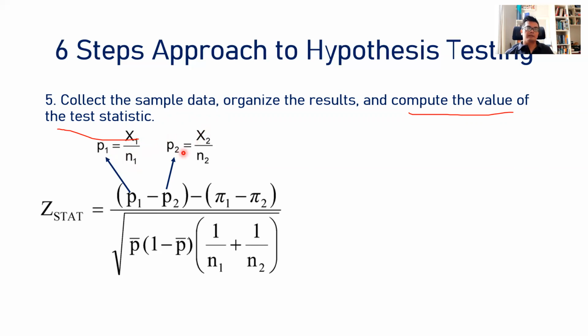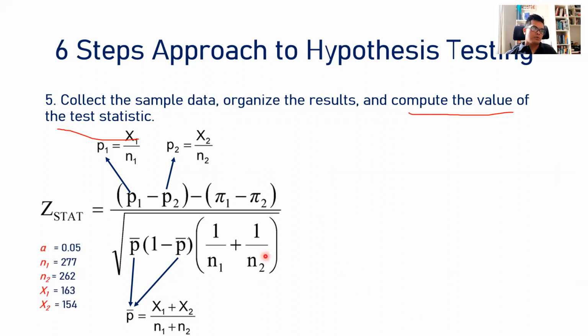For P2, we calculate the total number of Android users in Surabaya divided by the sample size of Surabaya. The pooled proportion is simply the sum of the number of Android users in Bandung and Surabaya divided by the sample sizes of Bandung and Surabaya. How we get those values is actually very explicit in the problem set.